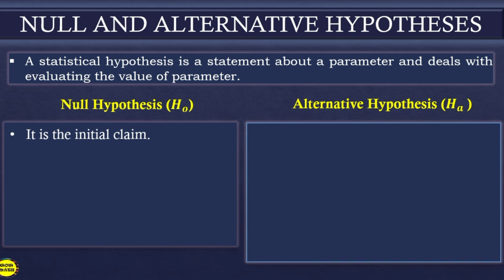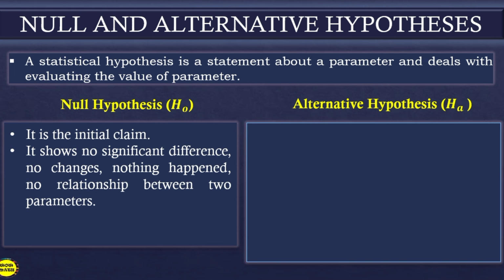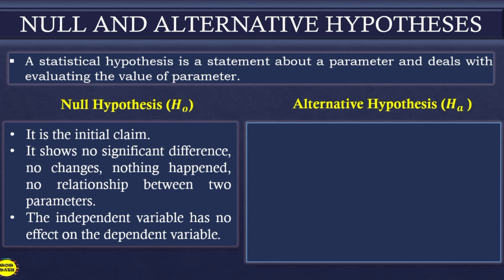So kapag nagre-research tayo, as a researcher, ito yung unang claim natin dun sa research natin. And then, it shows no significant difference, no changes, nothing happened, no relationship between two parameters. And also, the independent variable has no effect on the dependent variable.